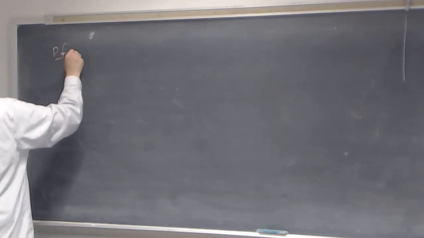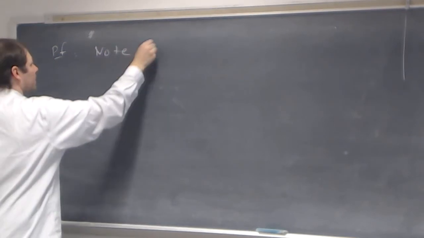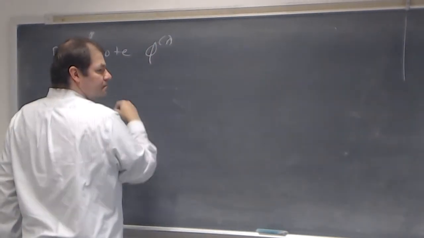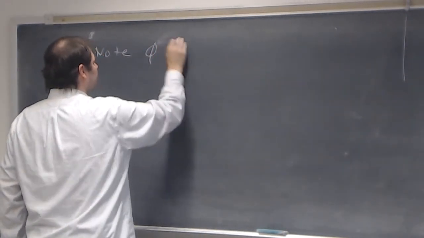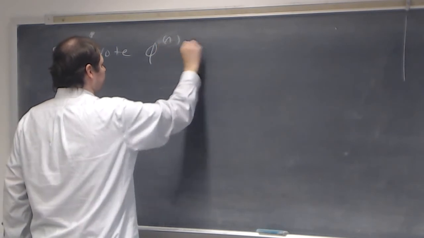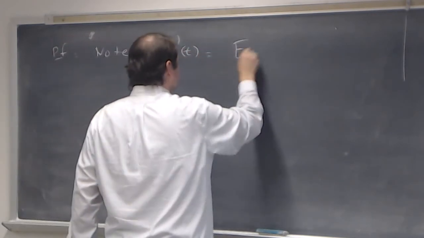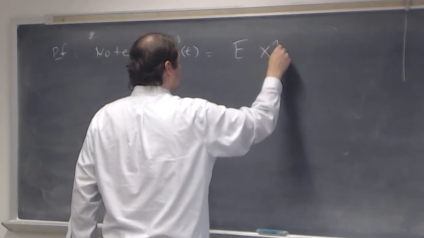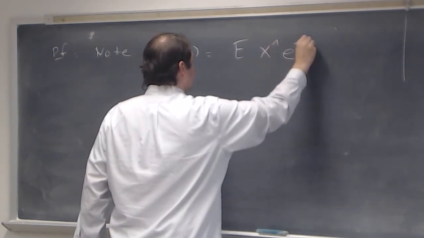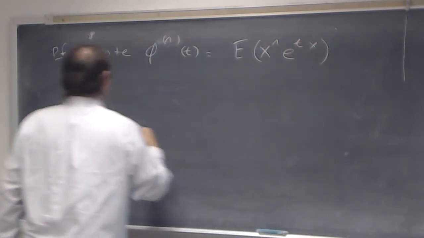In particular, here's what we see. We note the nth derivative of the moment generating function with respect to t is equal to the expected value of x to the n e to the tx. That's by the previous fact.